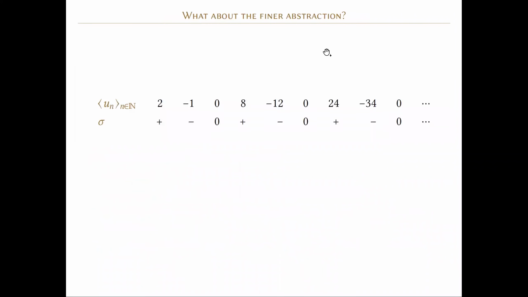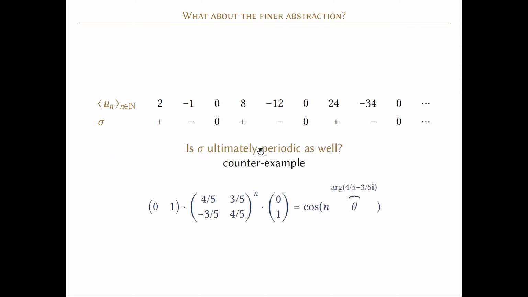Let's go back to our old alphabet. So suppose we've got a linear recurrence sequence, and this time our sign pattern is either positive or negative or zero. So is this sign pattern also ultimately periodic or not? It turns out that this is not the case, and here's a counterexample.